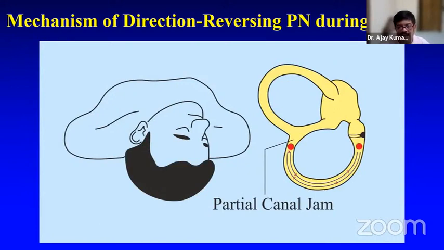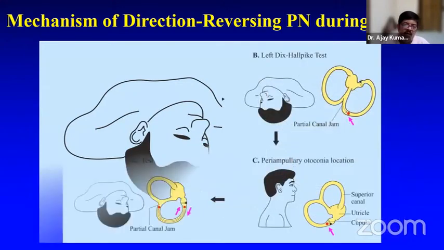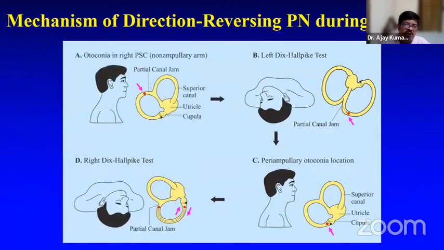Because of the canal jam, the otoconial clot ricocheted back and resulted in inhibitory downbeat nystagmus during the Dix-Hallpike test in the later part, which was downbeating and left torsional. That is the inhibitory nystagmus. So this is in fact an apogeotropic variant of the posterior canal BPPV of the right side, which is the direction reversing nystagmus.